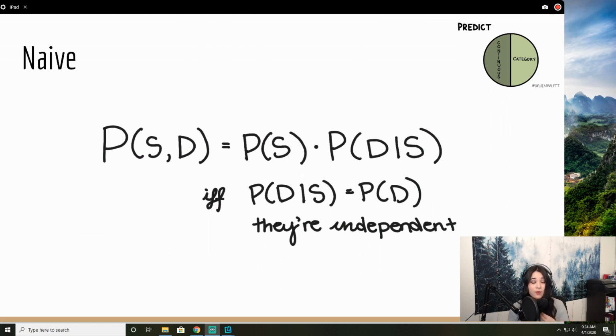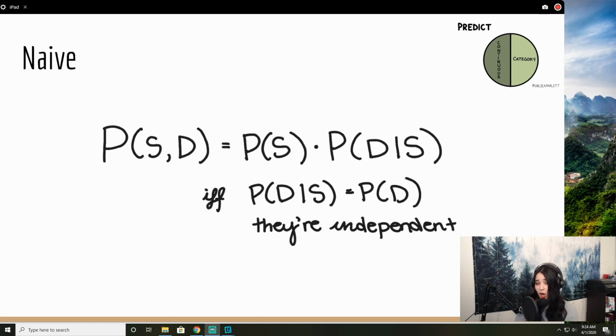However, the naive Bayes algorithm is naive because it pretends that those relationships don't exist. So for a given category, it tells us to assume that there is no relationship between diabetic and smoking, even though we know that there probably is one. In other words, it assumes that within a category, these variables are independent.